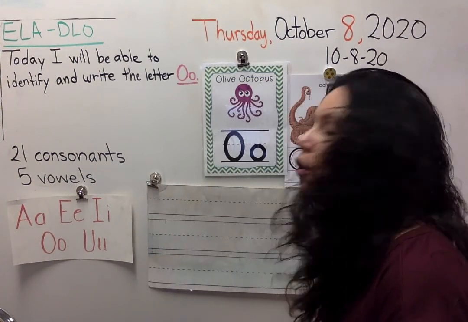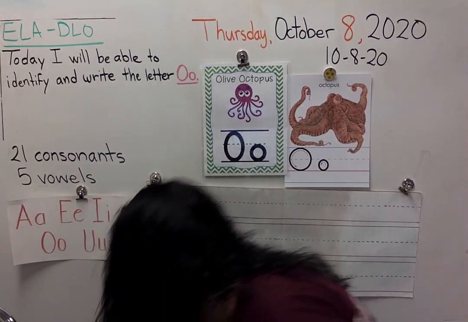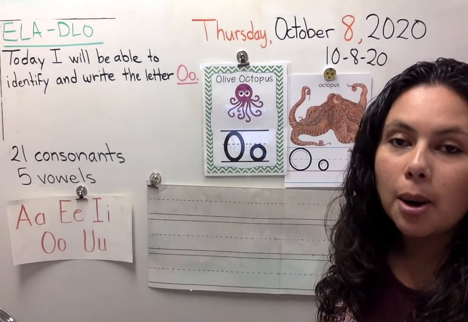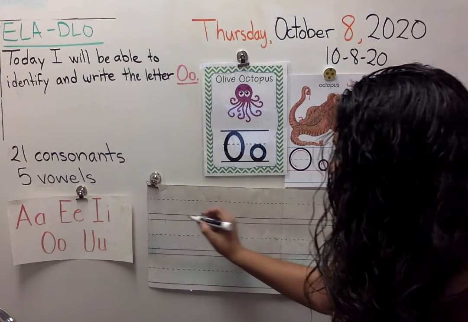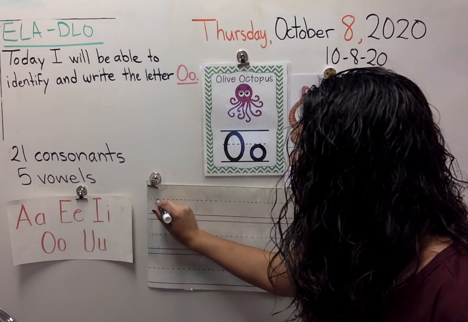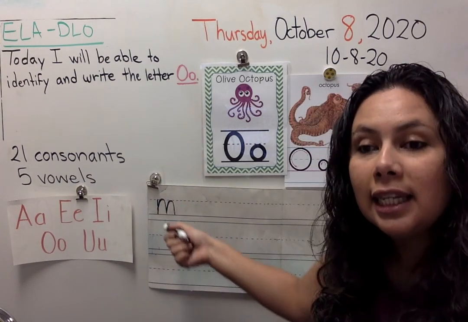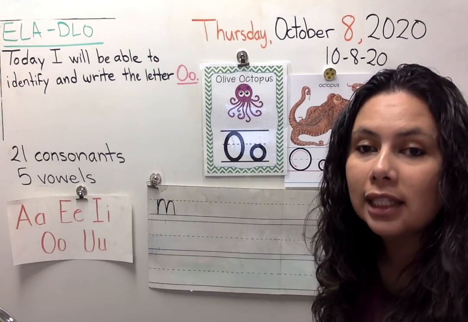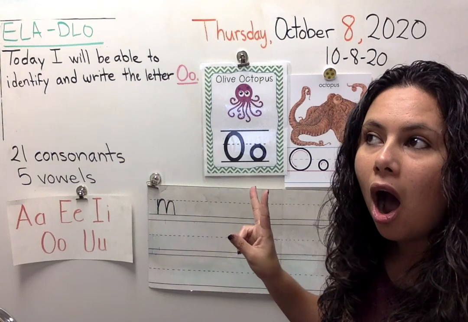If we listen for those sounds, and we know these letters already, which letter makes the sound M? I need to know that that's the M that's connected to the sound. Next sound is ah.